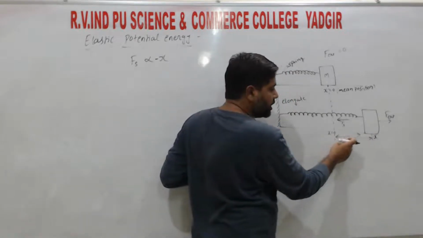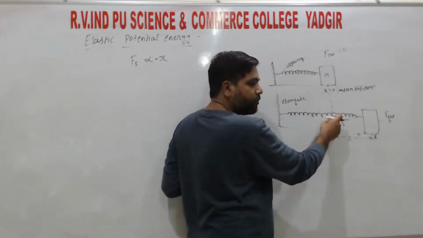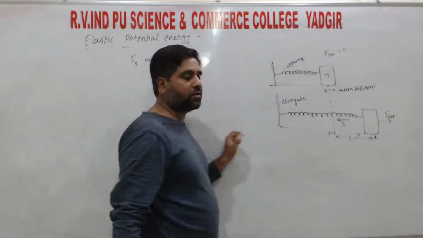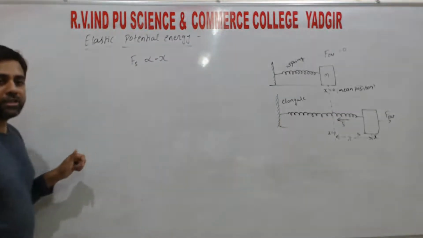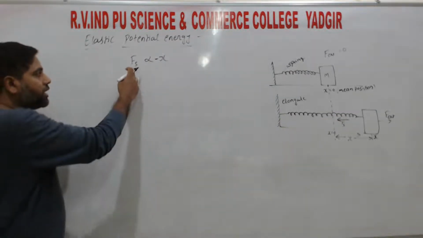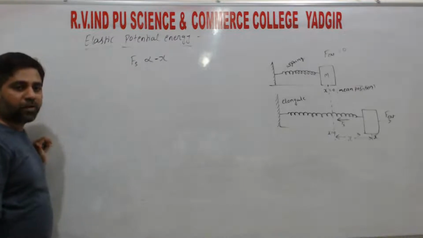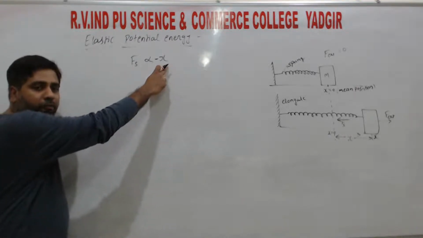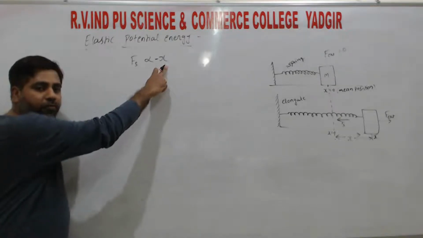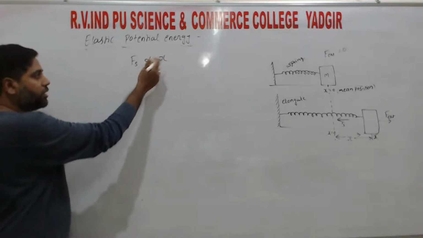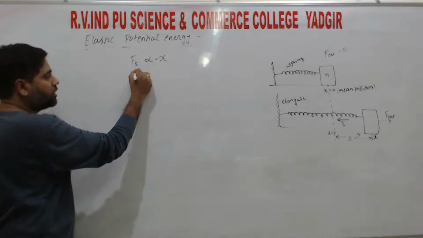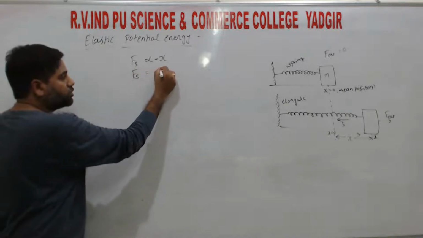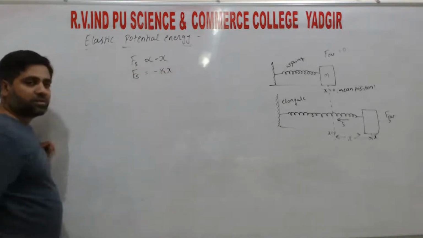We call the spring force the restoring force. So here I take that as the spring force Fs. Fs is directly related to the displacement of the spring, right? So if we remove the proportionality, Fs is equal to minus kx, right?